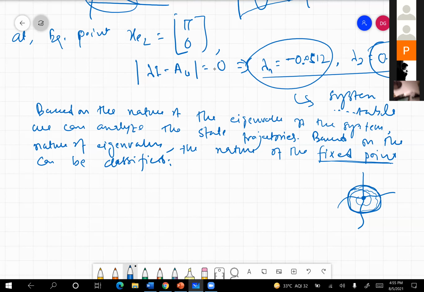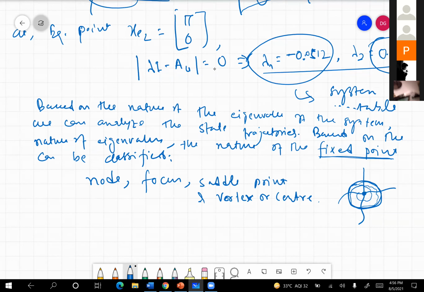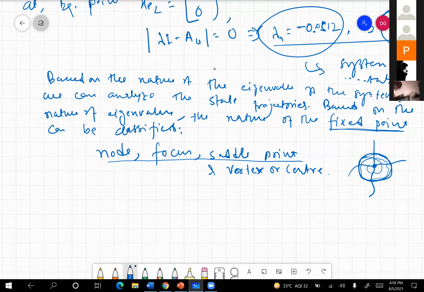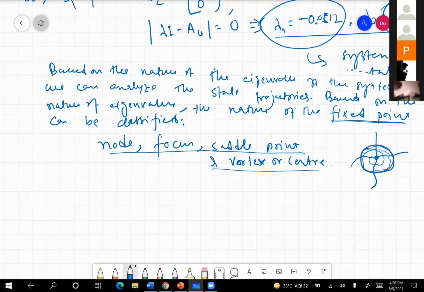Based on that, I can classify the nature of the plot as node, focus, saddle point, and vortex or center. So based on the nature of the eigenvalues, we can define the phase portrait in different ways. These are different kinds of structures, the graphical representation of the slope.